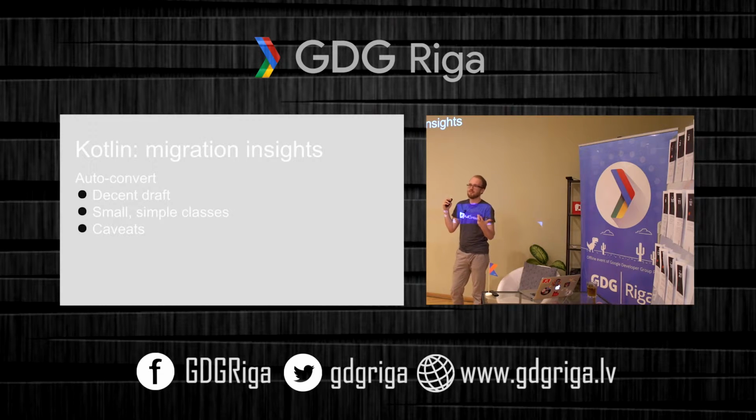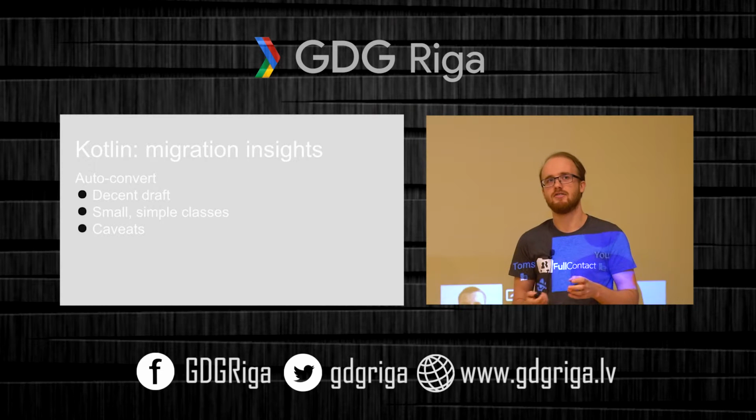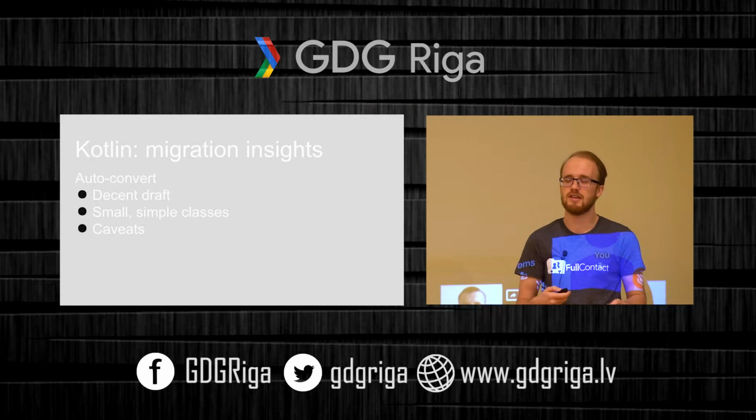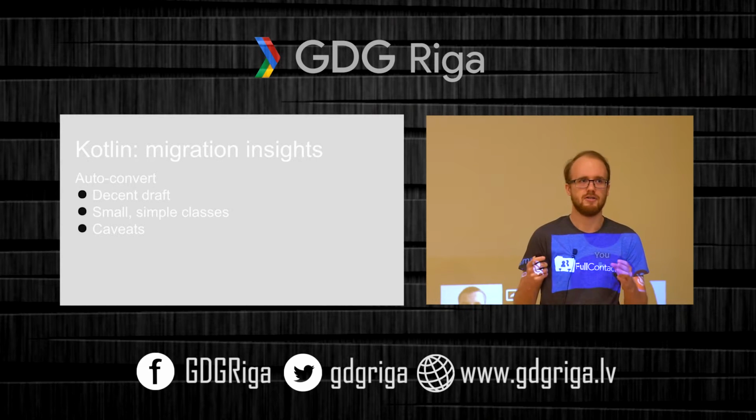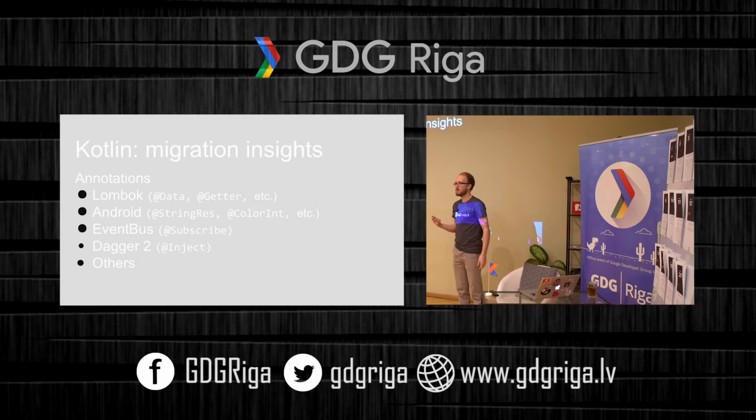Sometimes if you use a library called Retrolambda, you can use lambdas in Java 6, which is the Java that Android supports, sadly. And those lambdas often don't get converted properly, so you have to review those. But apart from that, it's good. Use the autoconvert tool. That's my first tip. And if it doesn't know what to do, it seems to err on the side of caution. So, yeah, use it.